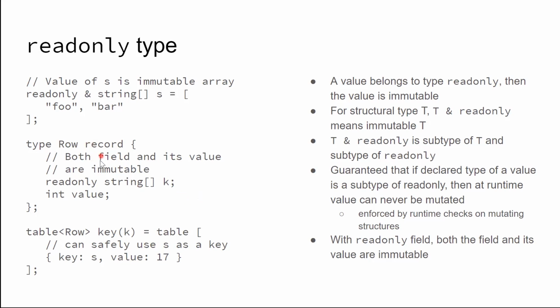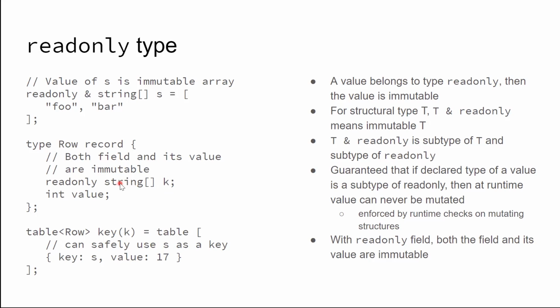So you'll remember that we could have this concept of read-only fields with tables. What that means is that the field is immutable and the value is also immutable. So they're two separate things. If I have a field that has a value that's an array, I can assign a new value to the field, and I can also mutate the array.